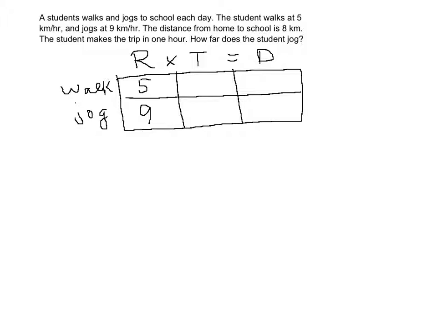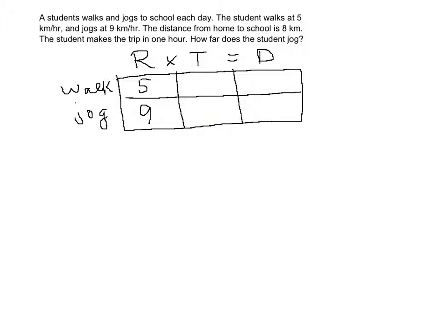So we set up our chart as always. So here we go. We got the walking part and the jogging part. We know the rates at which they walk and jog. But now I've got to figure out what should go in the times.